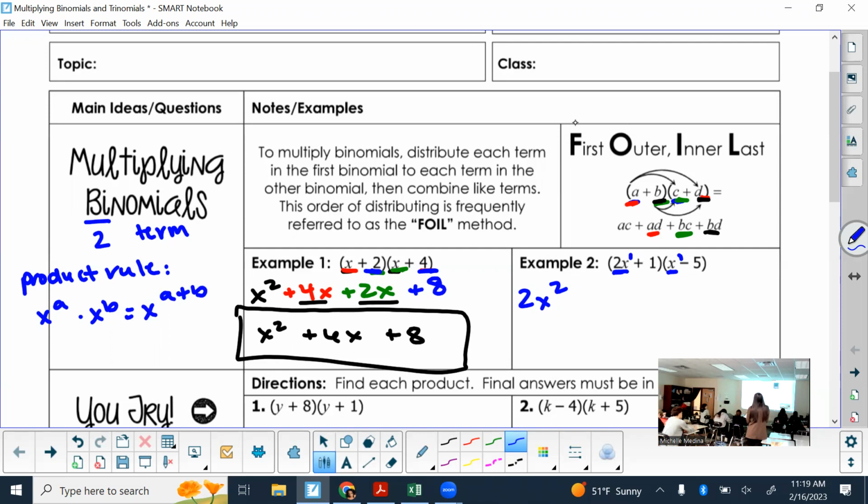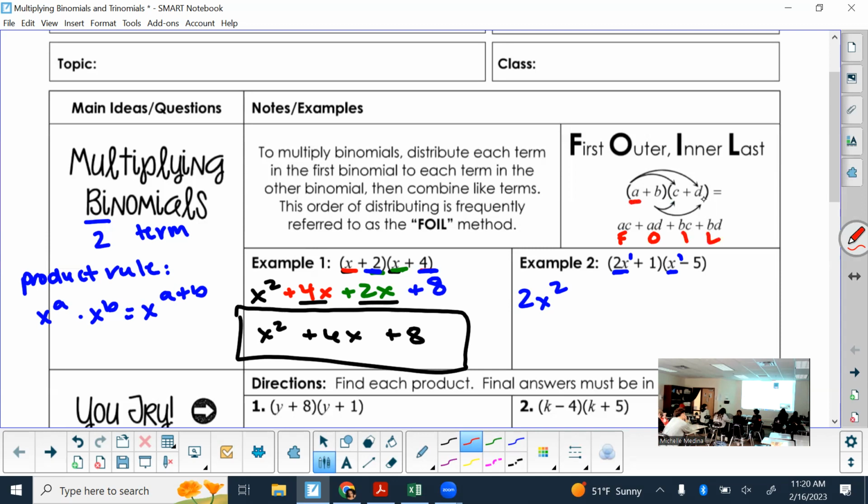Now the outer numbers, table 7, what are my outer numbers in this problem? Right, don't overthink it, use the visual that's over here if you need to. So this one literally goes first, outer, inner, last.